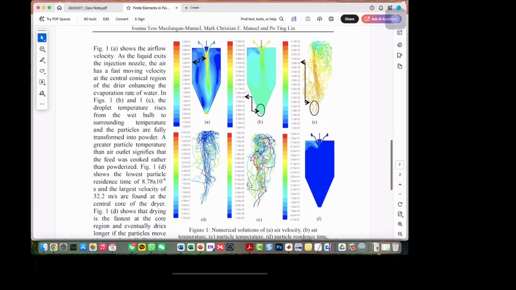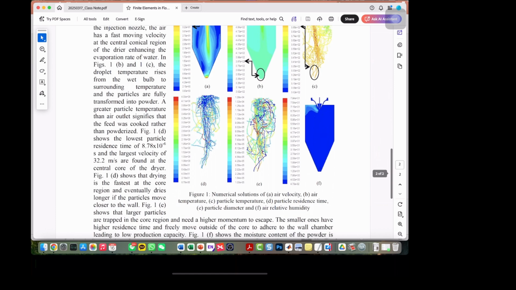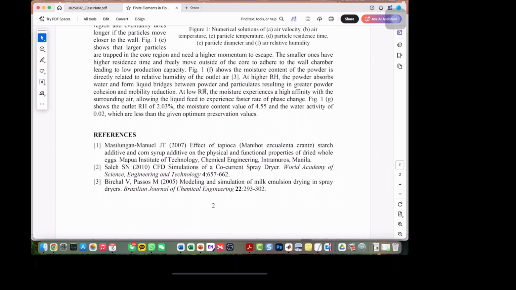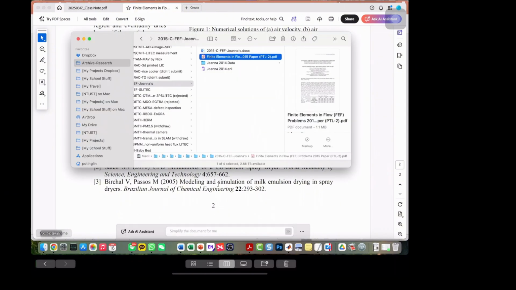So this was her simulation, a kind of chamber for spraying the egg and then cooking the egg and forming powder. So she did simulations to see how the flow looked, and that was only an abstract, not a long article.